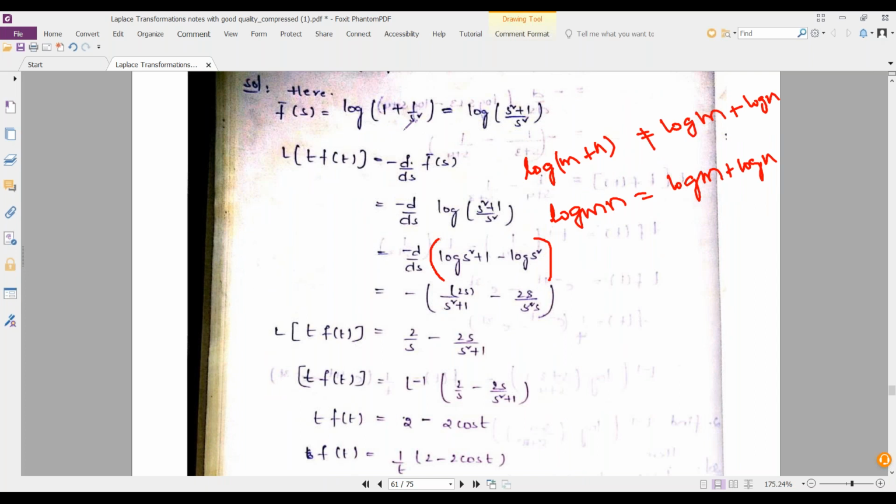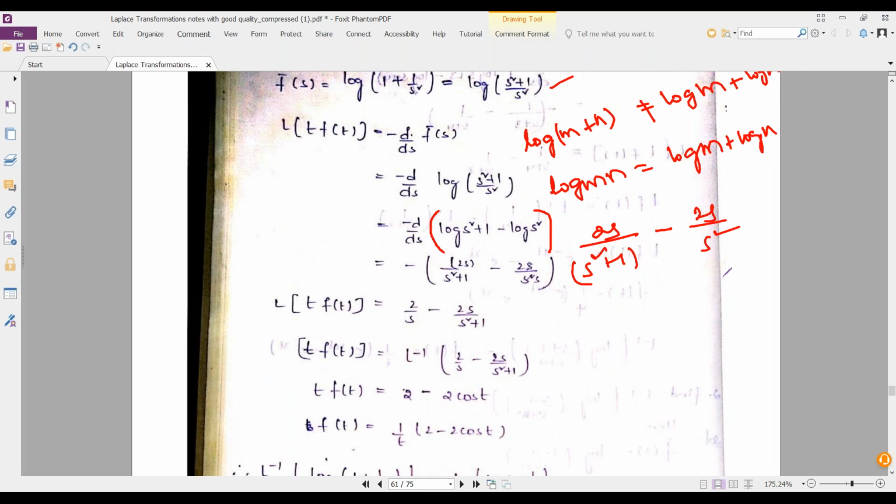This one is further (s square plus 1) by s square. So on differentiation, I may get here 2s by (s square plus 1) minus 2s by s square. Yes, s gets cancelled.